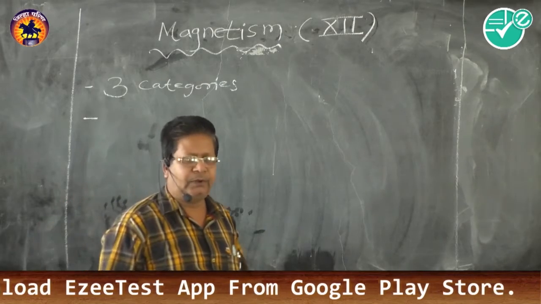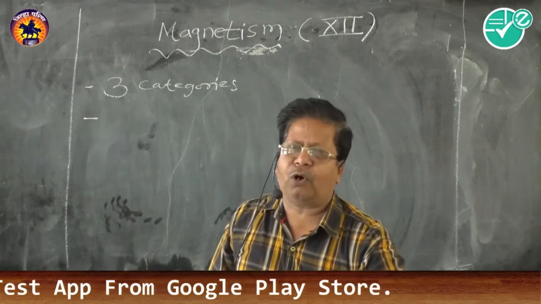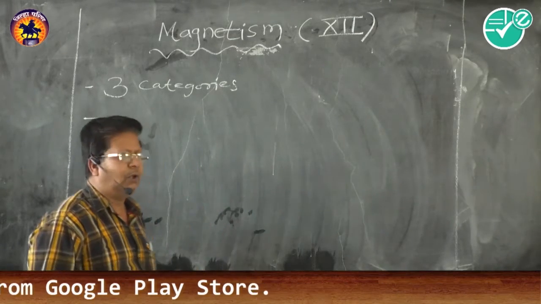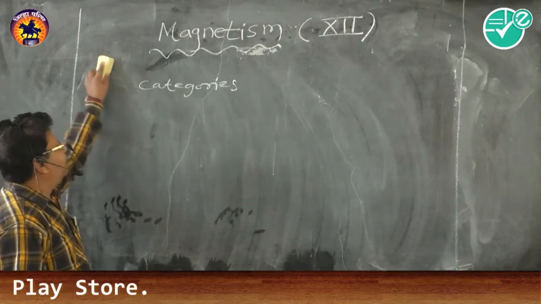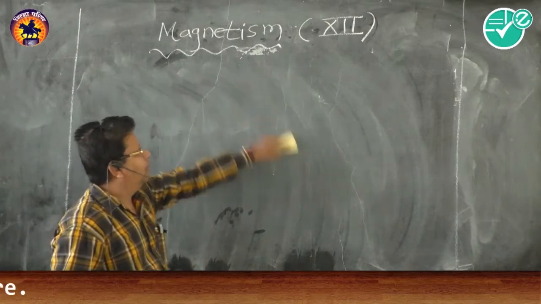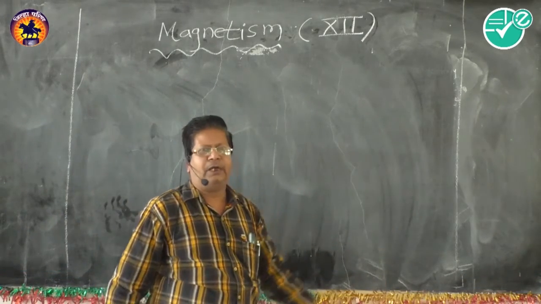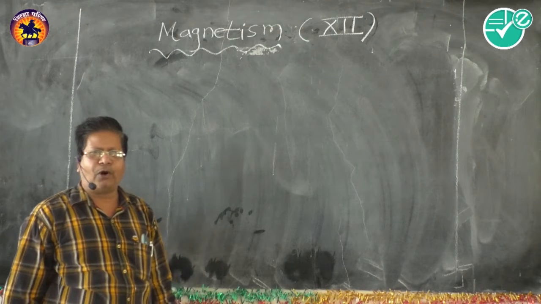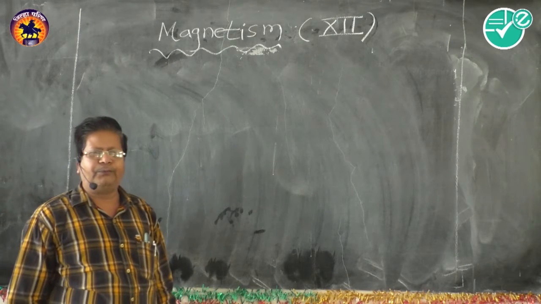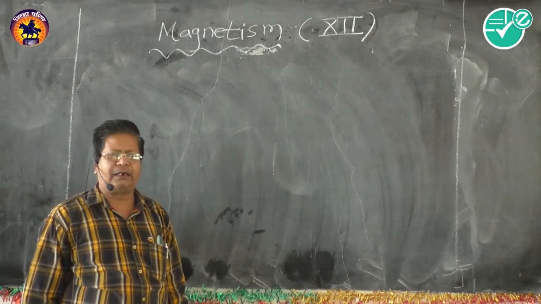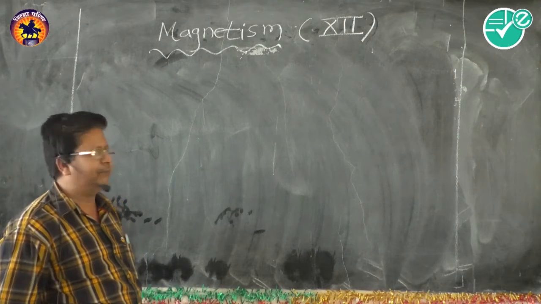Hence, on the basis of magnetic properties, or the behavior of materials in a non-uniform magnetic field, different substances are classified into three types.